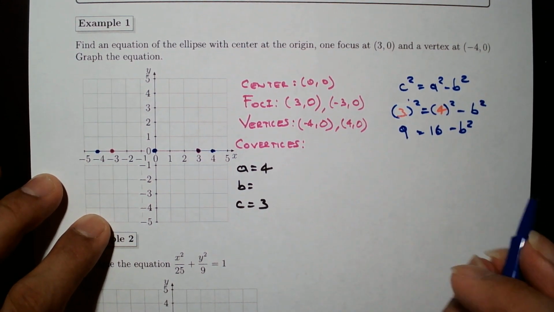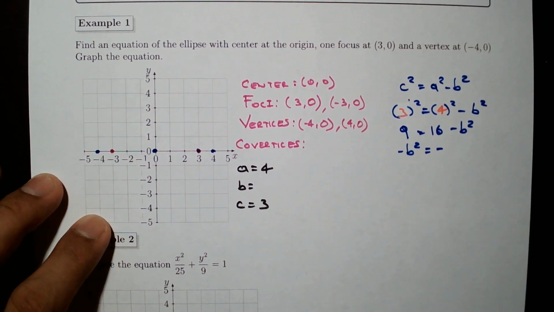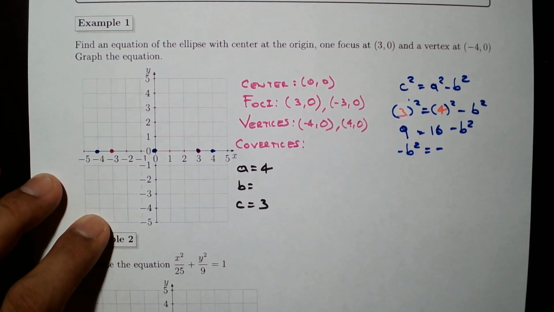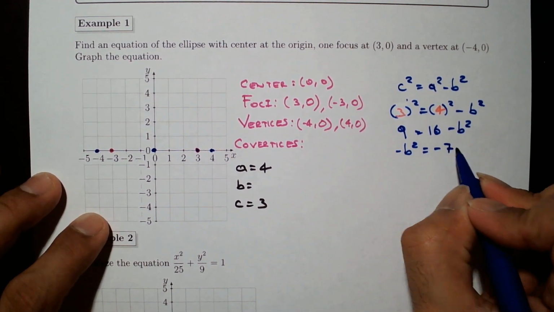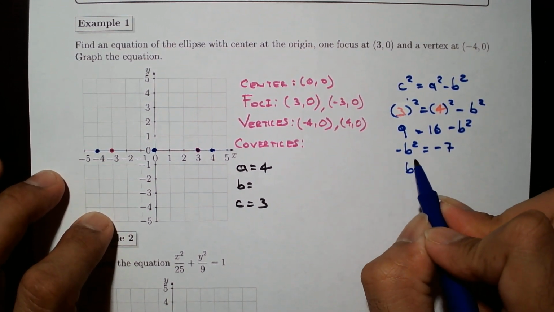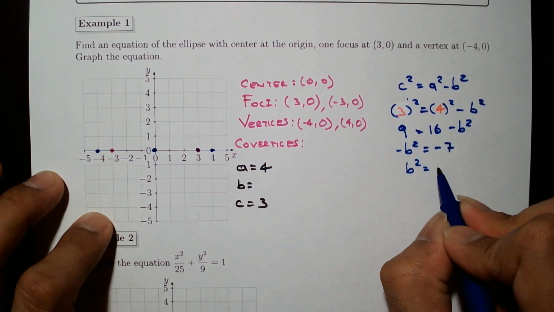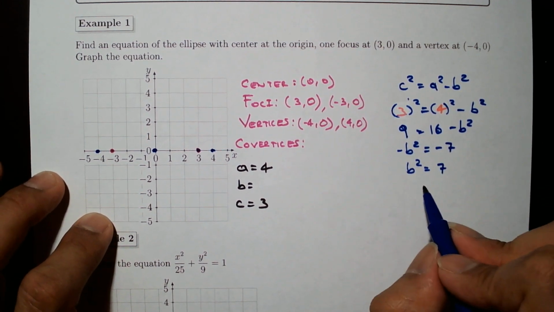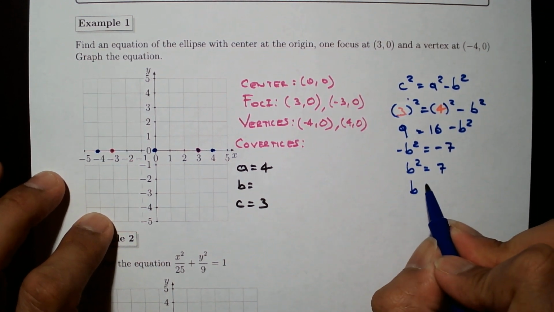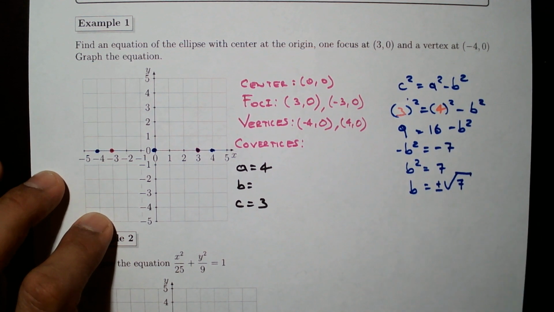I'm going to subtract 16 and get negative b squared equals negative 7. Then I divide both sides by -1 to get b squared equals positive 7. So b will be plus or minus the square root of 7.